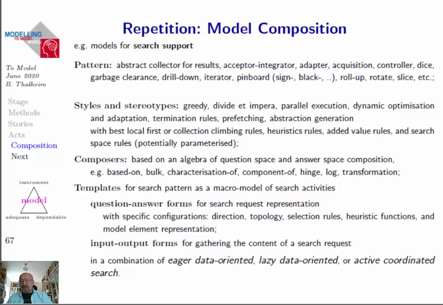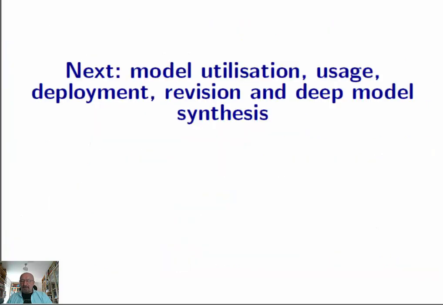In this case, we said, okay, fine, for eager data-oriented or lazy data-oriented or active coordinated search, we can use this kind of model composition. In the same way, we can handle also model composition in our modeling framework. Okay, that is now the way how to model properly.